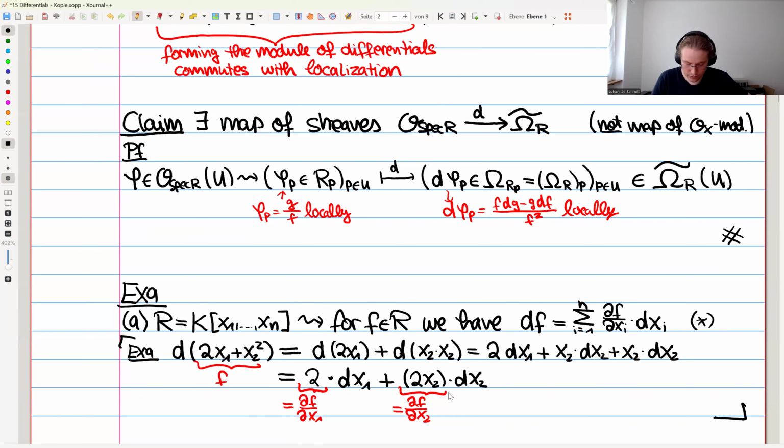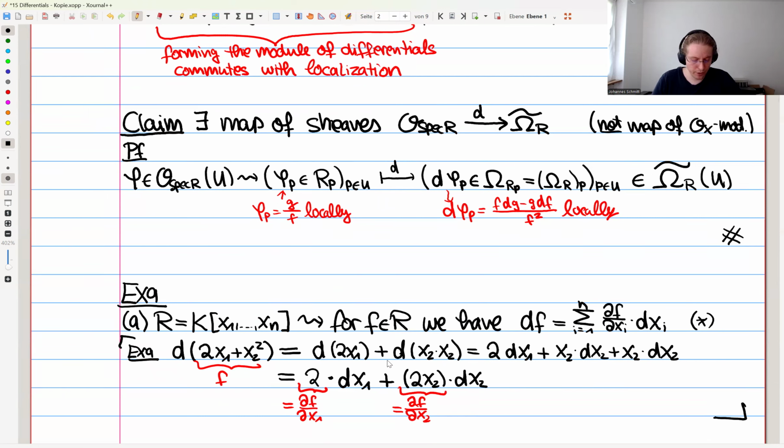You see here, this gives us 2 times x2 times this dx2. And here we get just the constant 2 times dx1. But then we see we have written this thing as a sum of elements of these dxi. And the coefficients here, 2 and 2x2, are exactly the partial derivatives of this polynomial along x1 and along x2. And so at least in this example, the formula is correct.